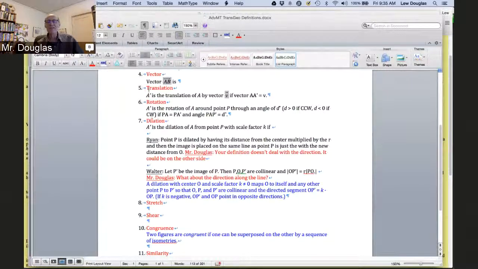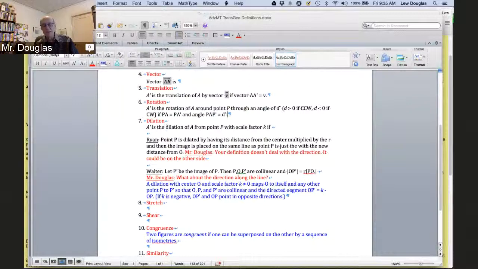The notational issue, so I'll throw this out to you quickly. One way to do distance is to say that if it doesn't have a segment bar over it, it means distance or length. It's a number. And if it does have a segment bar over it, then it means the geometric object.